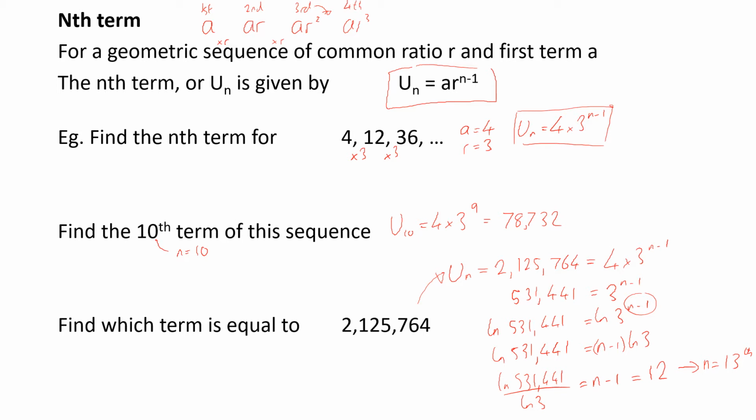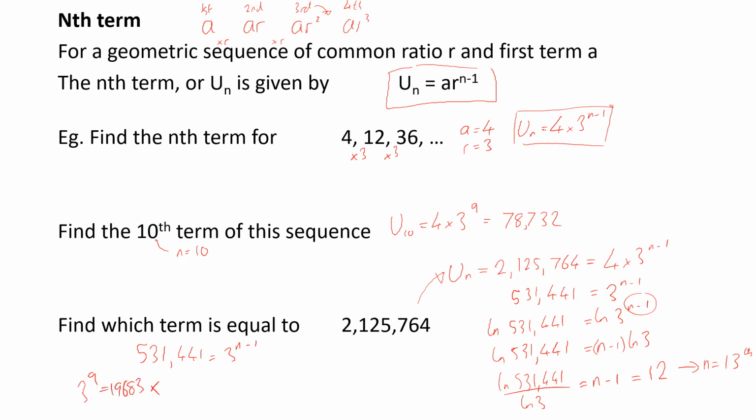But another way of doing that is just pressing the equals on your calculator, to be honest. If we've worked out that 3 to the n minus 1 is equal to 531,441, well, just type some things in your calculator and see if it's right. If I type in 3 to the power of 9, that's equal to 19,683. That's not quite right.